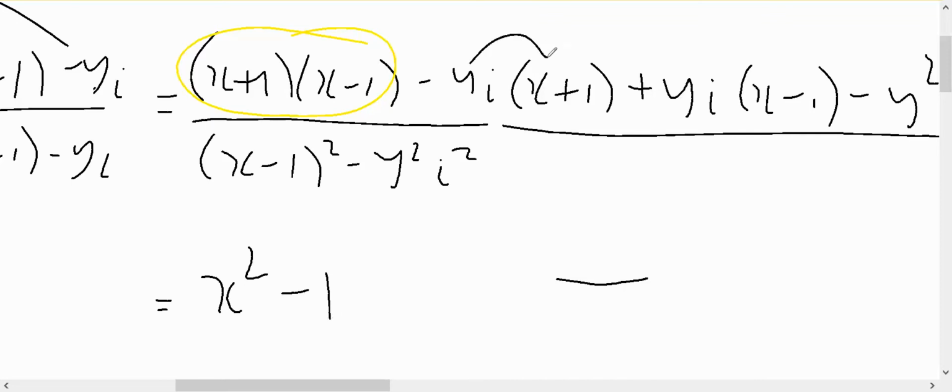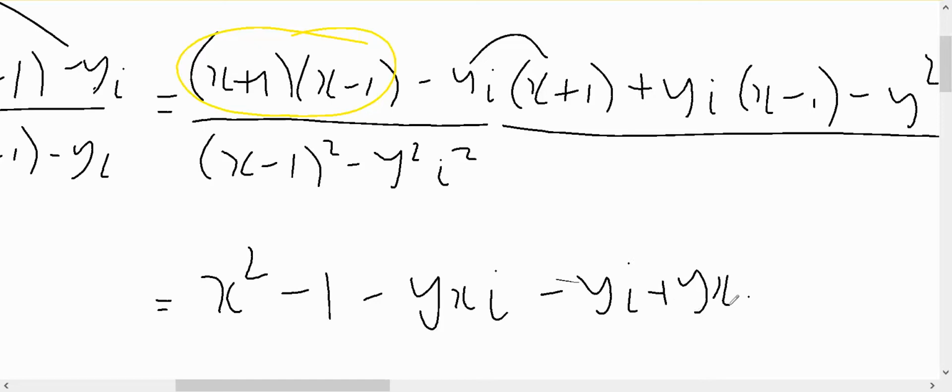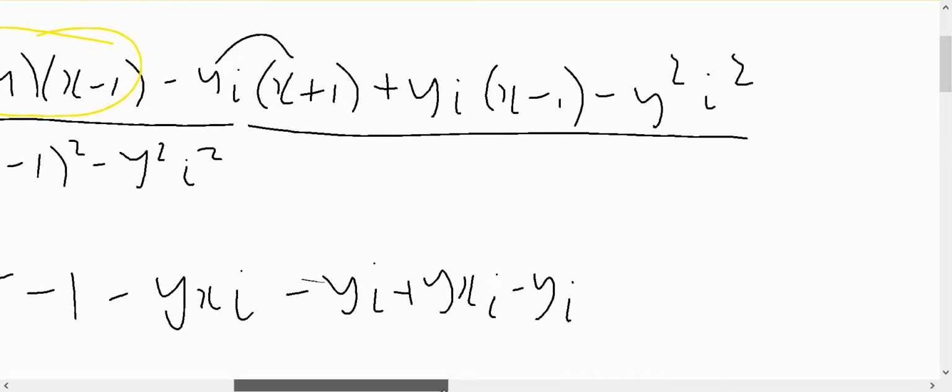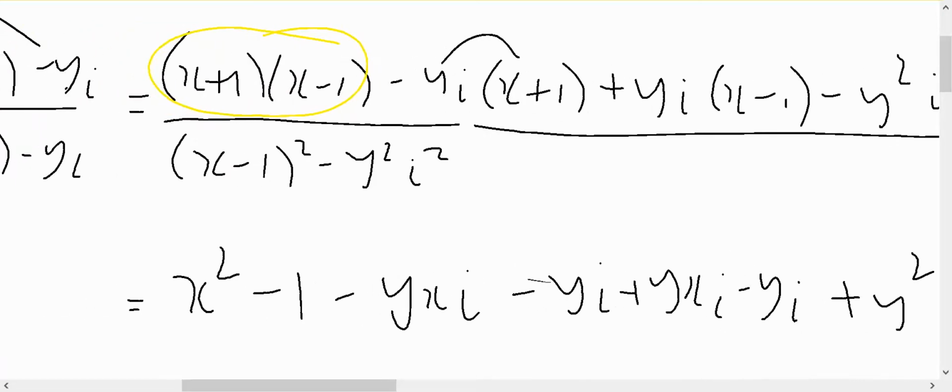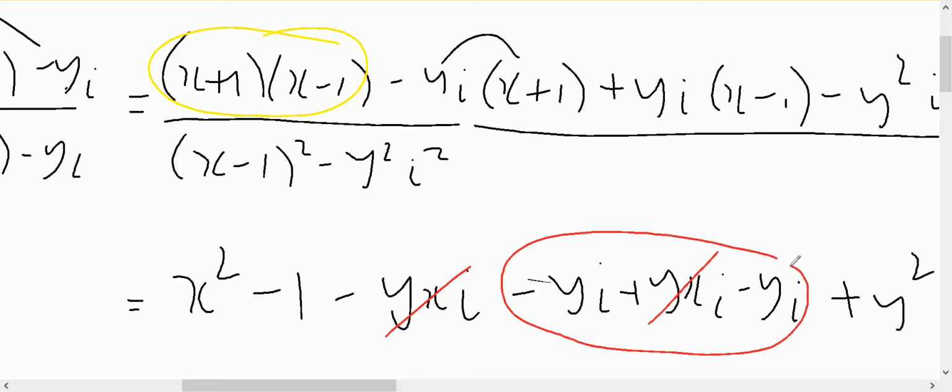And then if I multiply this out, that gives me minus y times xi minus yi plus yxi minus yi plus y squared. And looking at that, we end up with that and that cancel themselves. I've got two of them, and that's all over this.